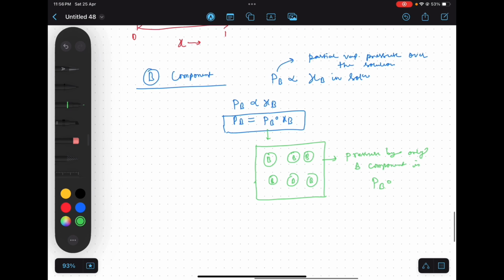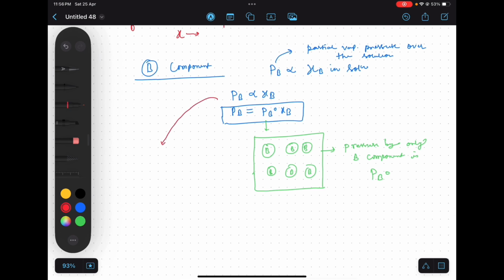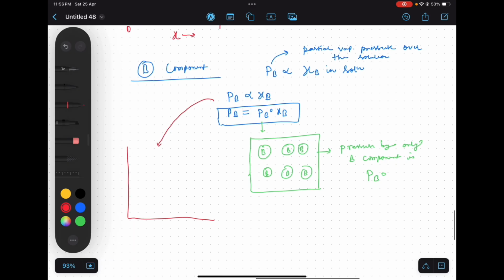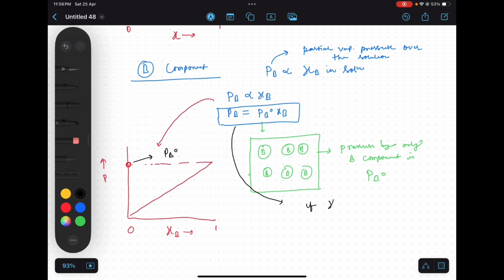We can also draw its graph. It will be linear like earlier. On the x-axis I am putting the mole fraction of B, which will increase from 0 to 1; the maximum value will be 1. On the y-axis we will have vapor pressure, and it will reach its maximum value at PB naught. If XB equals 1, PB will be equal to PB naught into 1, which is PB naught.